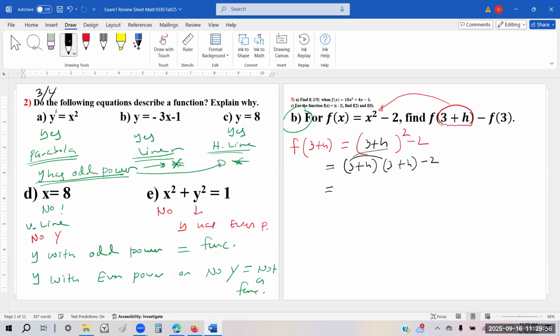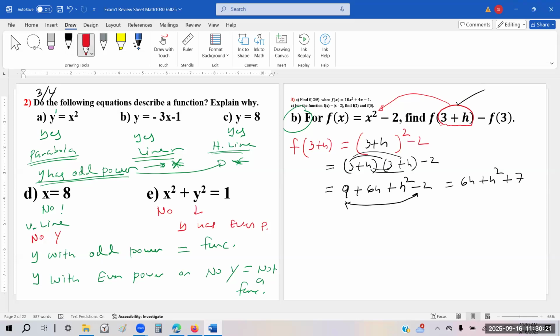So when you FOIL them out, you get 9 plus 6h plus h squared minus 2. And then these two are like terms. So you get 6h plus h squared plus 7. So this is the first one.